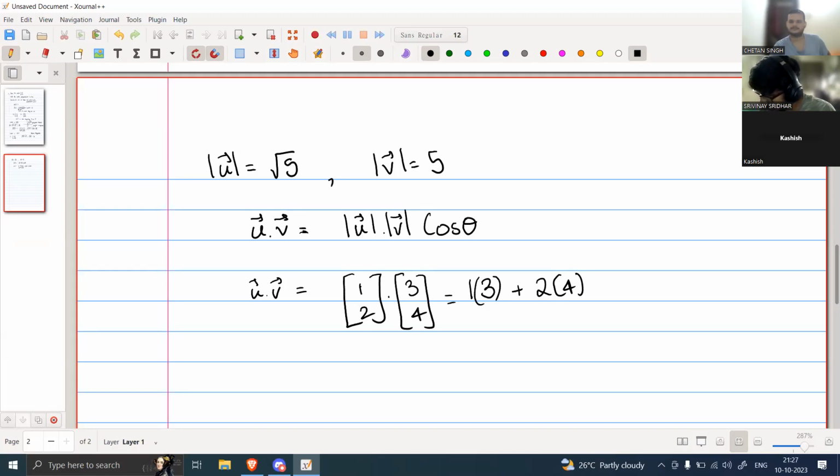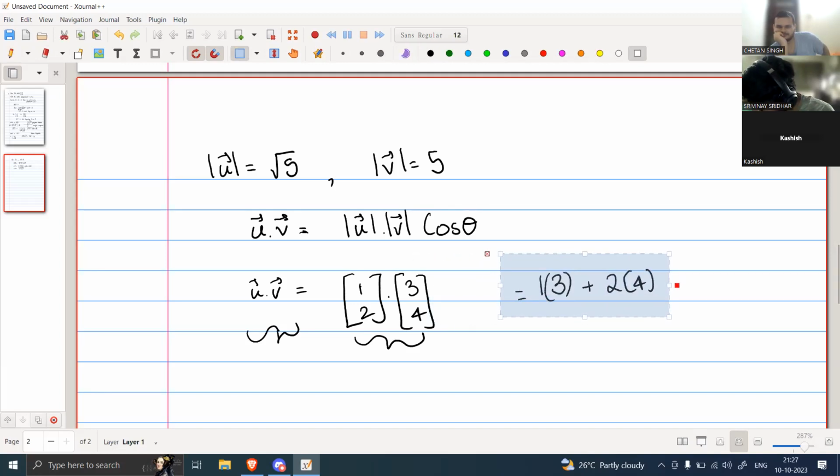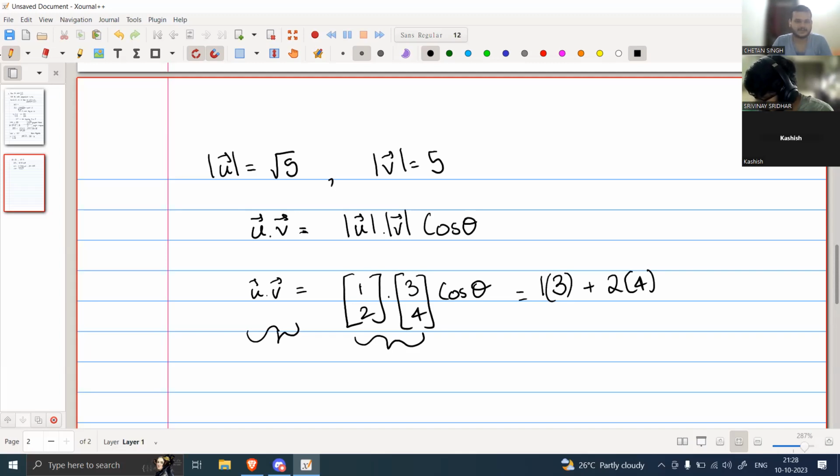If I want to equate both sides, I need to have cos theta in between. So 1 into 3 plus 2 into 4 gives you the dot product of these two vectors.